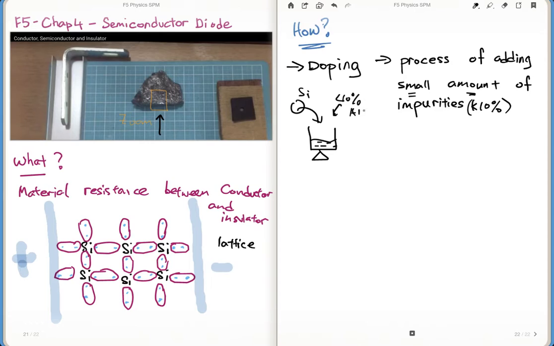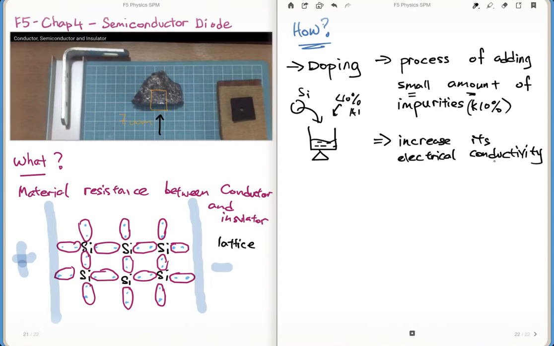Okay, so this will increase its electrical conductivity. So how could you improve it? This is how. But of course, the percentage you add in would affect the electrical conductivity. If you add more of it, then it will conduct more. If you add less, then the conductivity will be less.